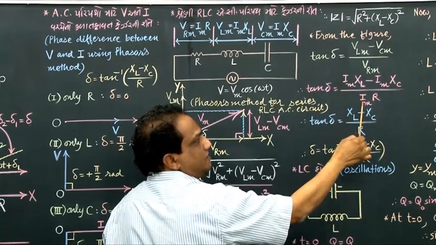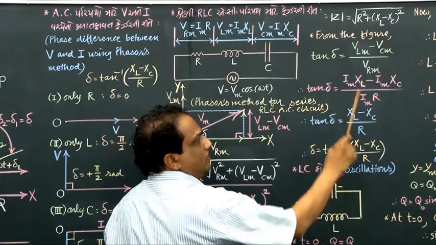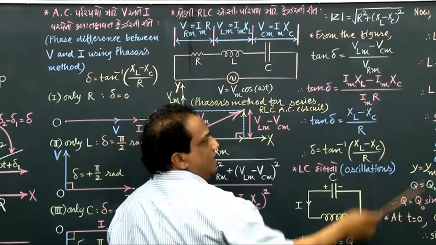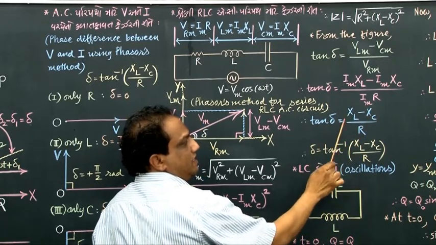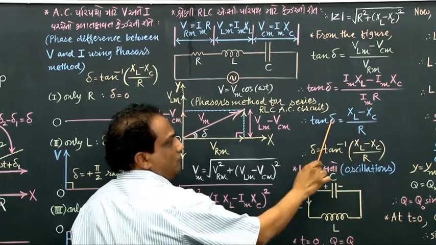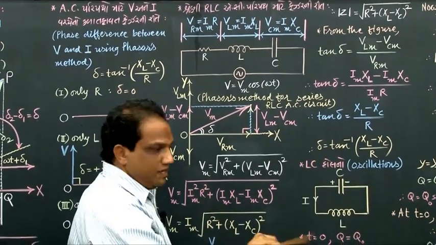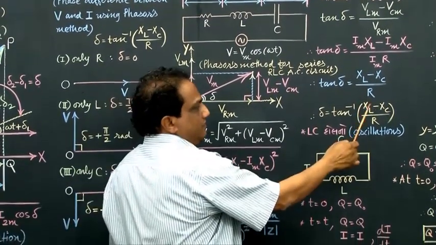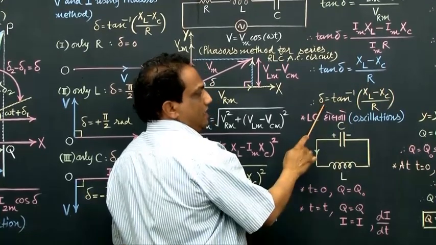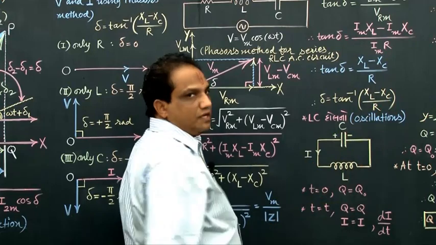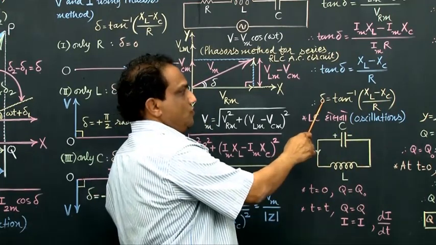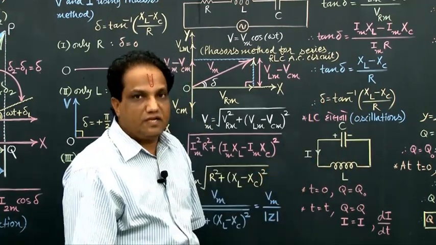That Im and this Im will get cancelled, giving you XL minus XC upon R. If tan delta is (XL minus XC) upon R, what is delta? Delta equals tan inverse of (XL minus XC) upon R. Correct? This gives you the phase difference between voltage and current.